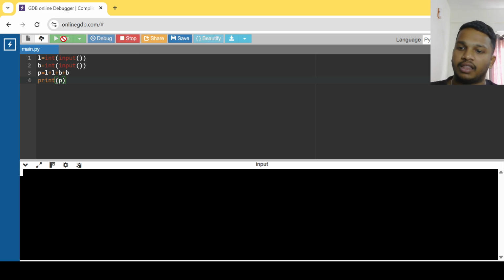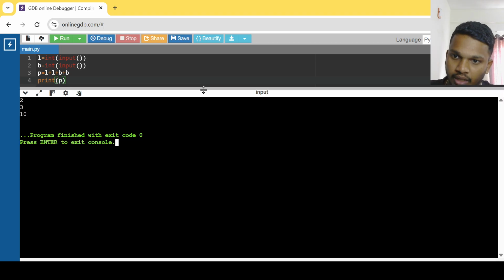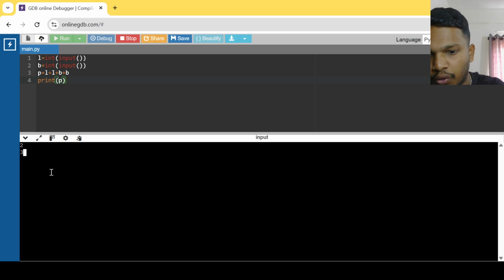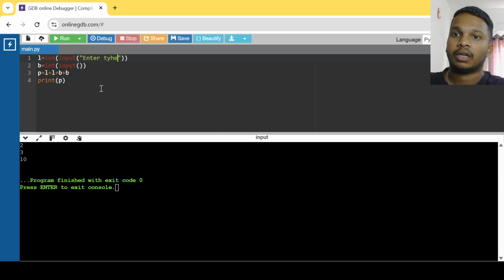Let's see. Length I am giving as 2 and breadth as 3. The value is 10. Is it good? First, what I am entering, the value 2, is it a length or breadth? How can I know? The user cannot know, right? It's a little bit confusing. So in the input statement, I will tell the user: enter the length.